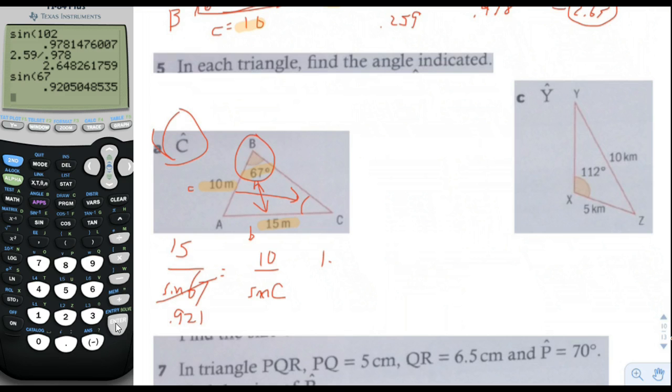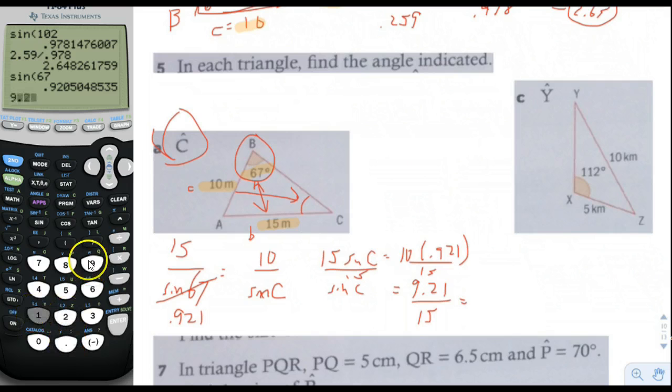So we're going to have 15 sine big C equals 10 times 0.921. 10 times 0.921 is 9.21. Sine of C, let's divide both sides by 15. So the sine of C is equal to 9.21 divided by 15, which is equal to 0.614.